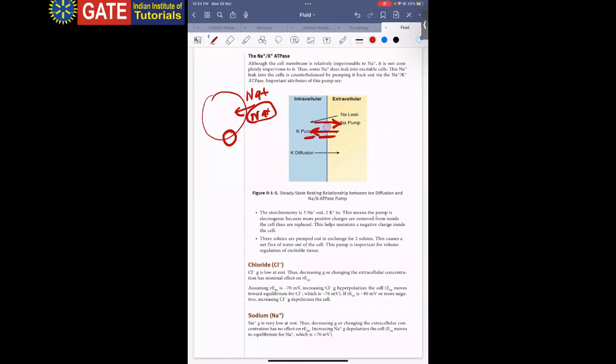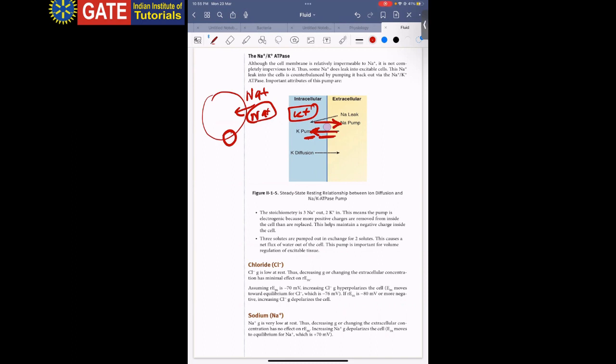And this pump is actually responsible for keeping the high intracellular potassium concentration. What I said earlier, there is high potassium inside the cell and low sodium. The sodium potassium ATPase pump is one of the pumps responsible, because it keeps pushing potassium in and the sodium out. So there is high potassium inside the cell and low potassium outside the cell, or high sodium outside the cell. Okay. And you have to remember, this is not a balanced pump.